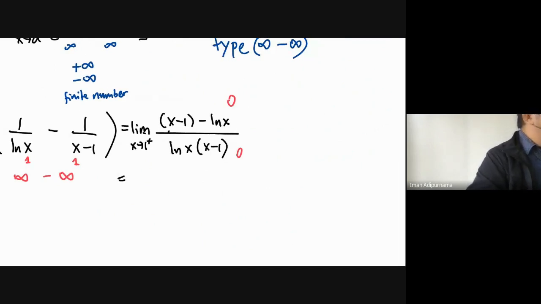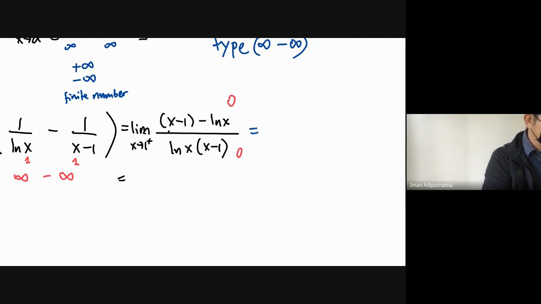So the key of L'Hopital's rule is that you always need to think 0 over 0 or infinite over infinite. Any type of form that you think is just indeterminate, you need to change that form into 0 over 0 or infinite over infinite. Okay, as a short conclusion, I will let you see the examples more.